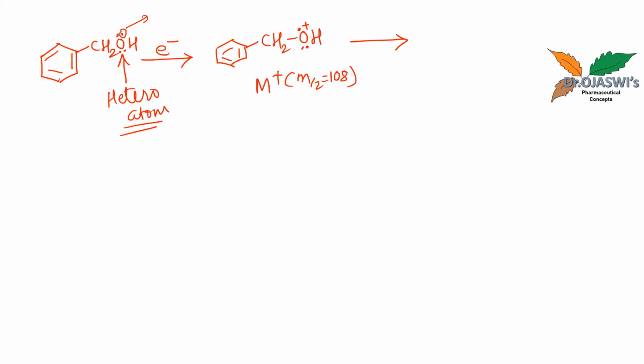This CH2 I will arrange in this manner. This is the oxygen where the charge is, and hydrogen. So I can show homolytic cleavage between this carbon and hydrogen. The ion which is formed here is this ion.